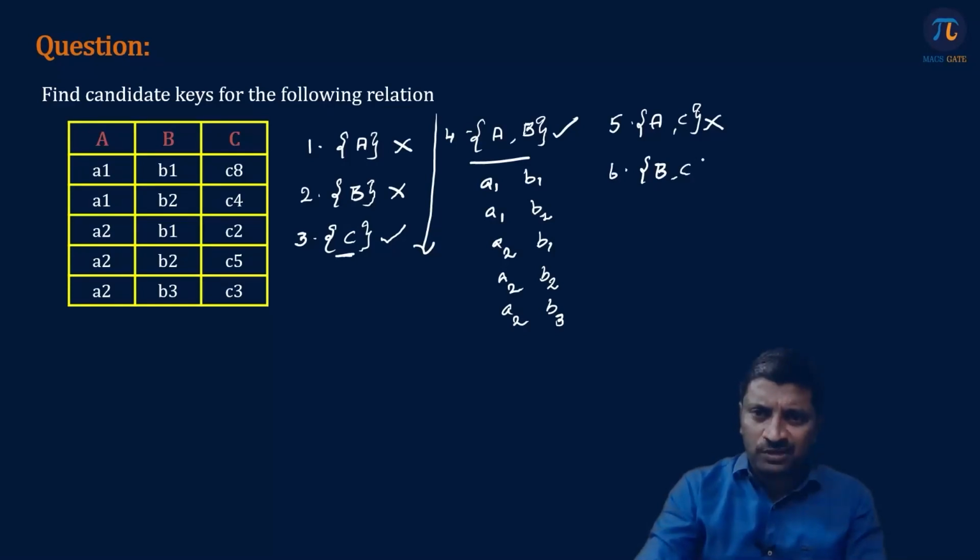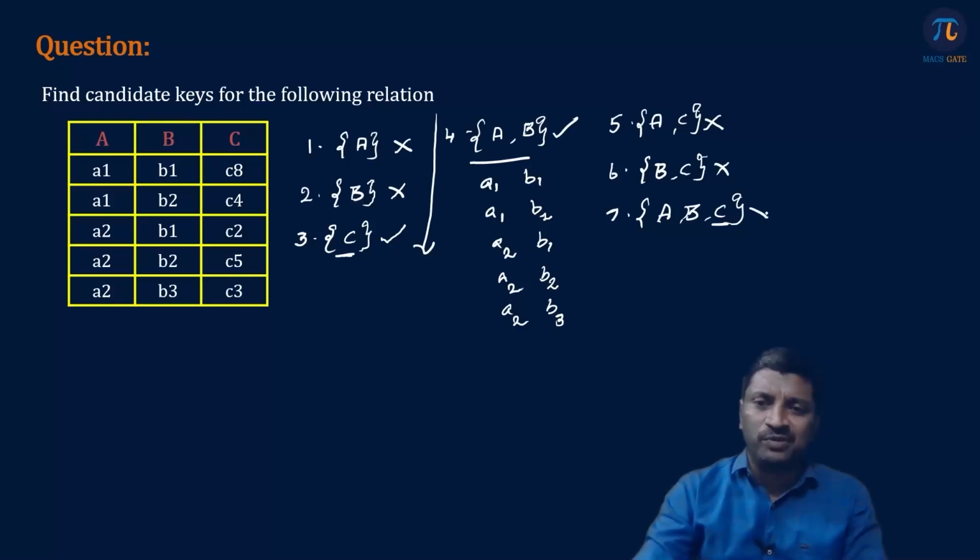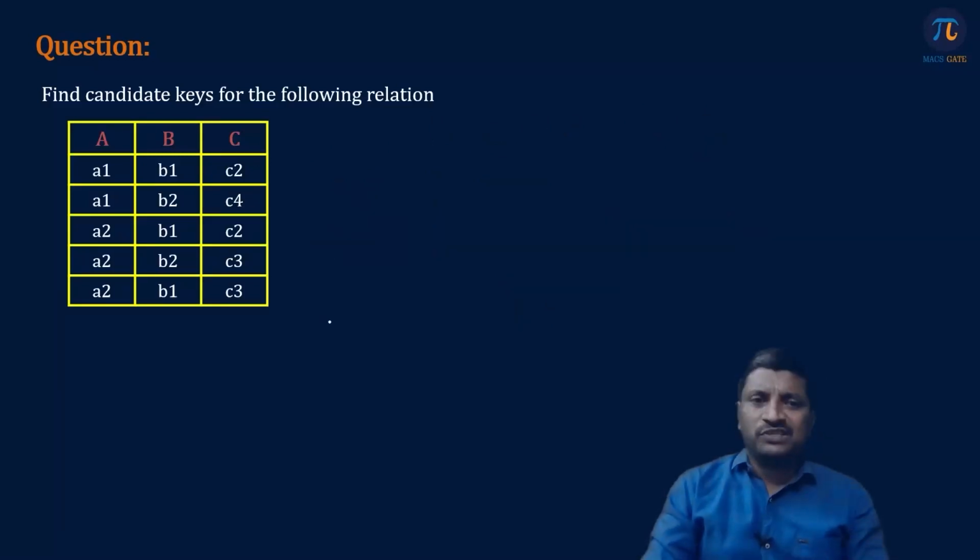B, C. With the same logic, since C is a candidate key, this cannot be a candidate key. What about next one, sir? A, B, C. The same story, sir. C is already a candidate key, so this cannot be minimal. So that's why it is not a candidate key. Is it okay?